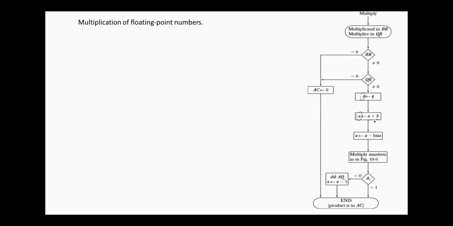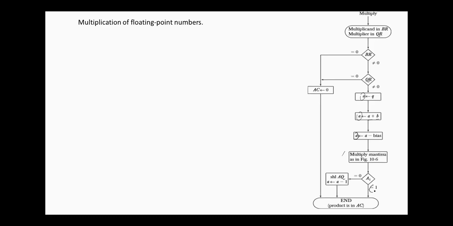Since both exponents are biased by the addition of a constant, the exponent sum will have double the bias, and the correct biased exponent is obtained by subtracting the bias number from the sum. The mantissas are multiplied as we discussed in section 10.6, and we check A1.